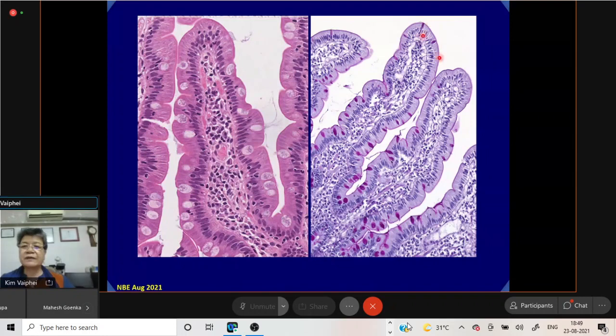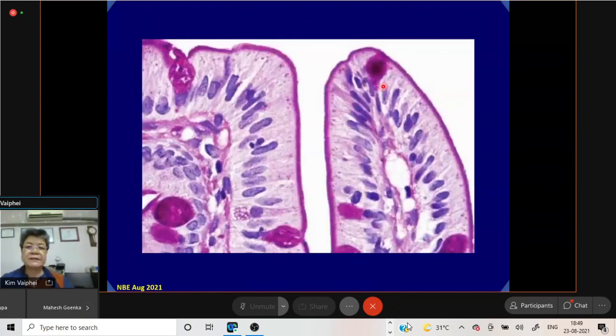The brush border, you may write down in the chat box if you know how big it is, but it is given in Legendre. The brush borders are PAS positive. This is a high power view to show the brush border, which is PAS positive. It's a thick band of PAS positivity. Even the goblet cells are PAS positive. Enterocytes are not PAS positive.